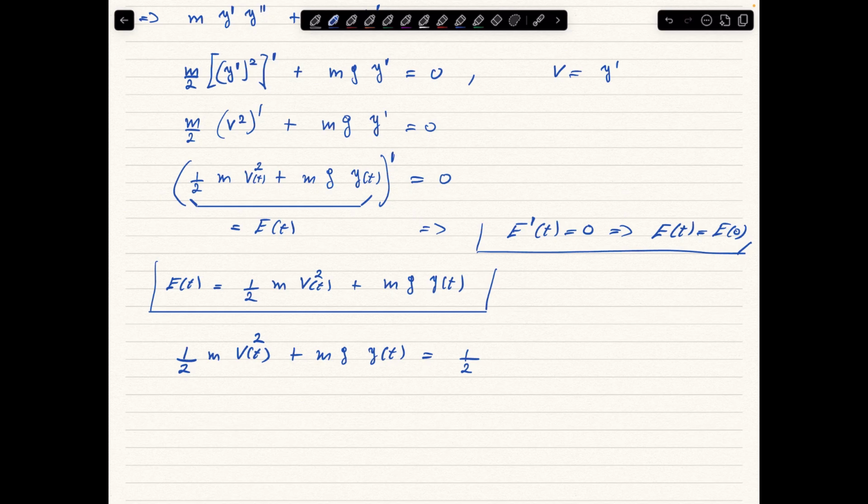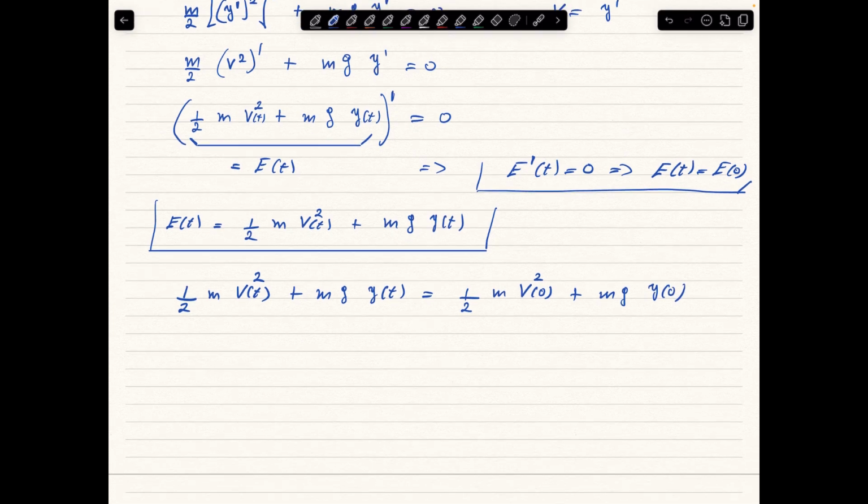The initial conditions say that the initial velocity is 0 and the initial position is 10. So the initial energy is mass, acceleration of gravity, initial position.